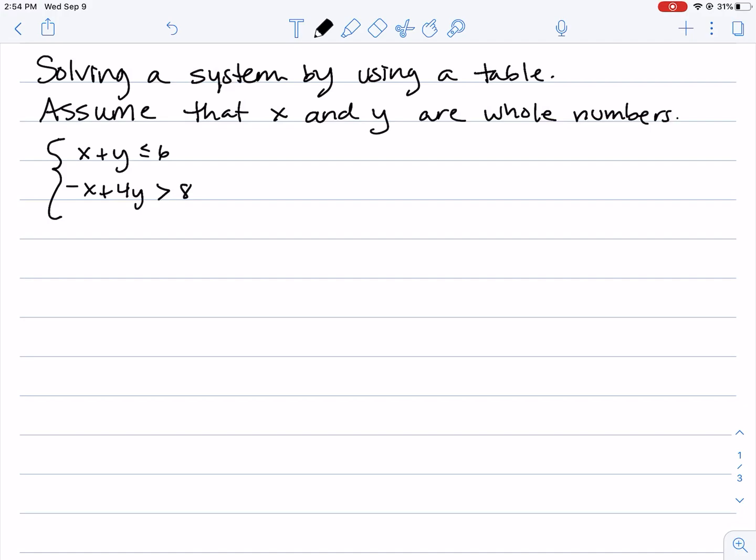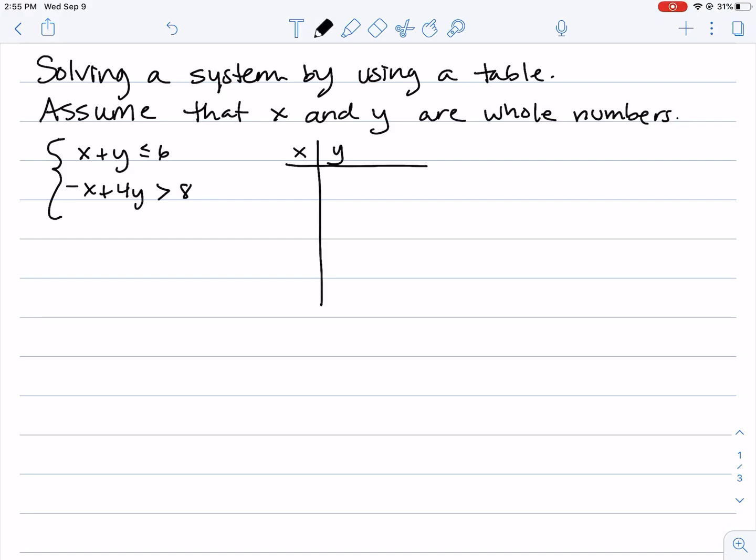We want to make a table of values of our variables that solve one of the inequalities. Let me create that table. It's just going to be an XY table. We've got to choose the whole numbers to start with for our X values.